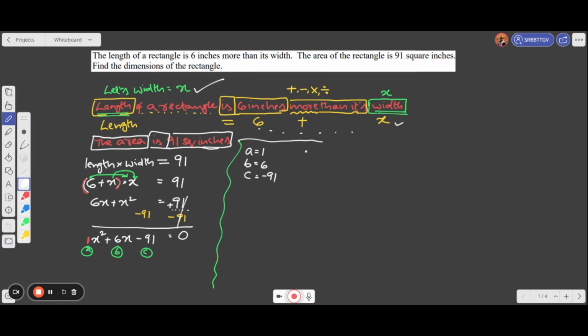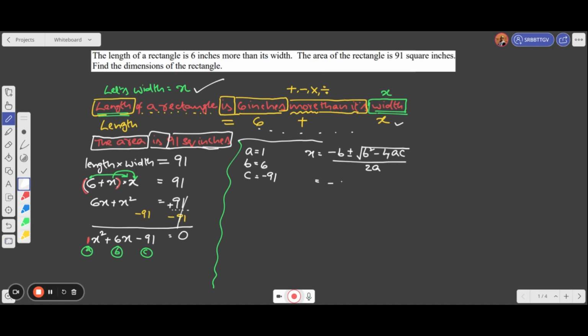Let me use the formula x equals negative b plus or minus square root of b square minus 4ac, over 2a. Then plug in the values.